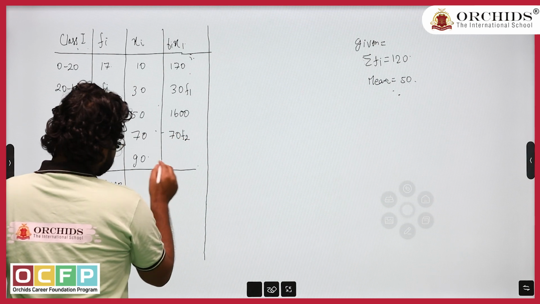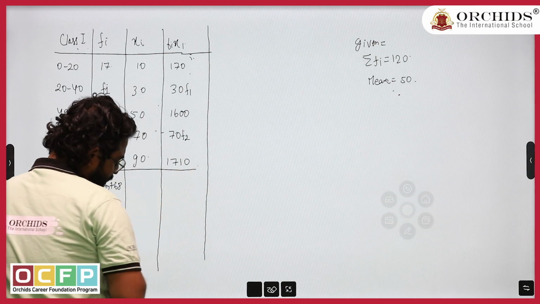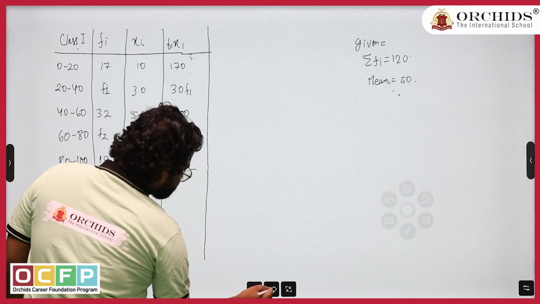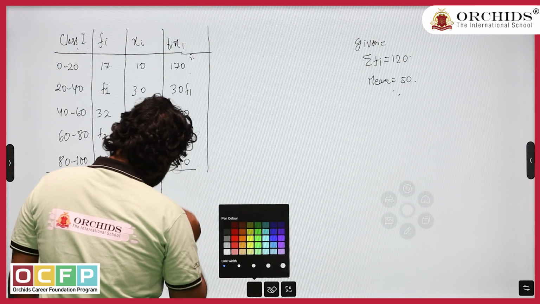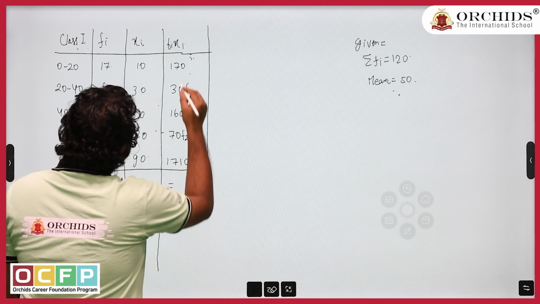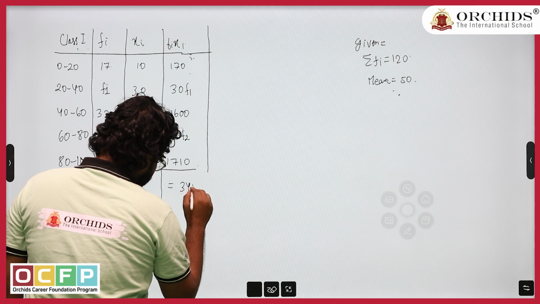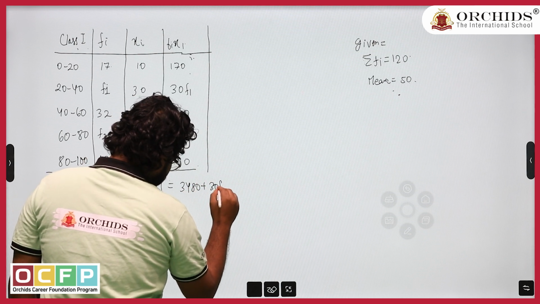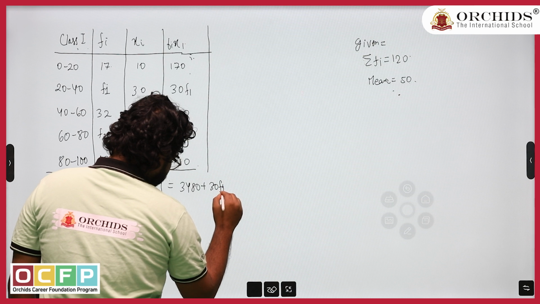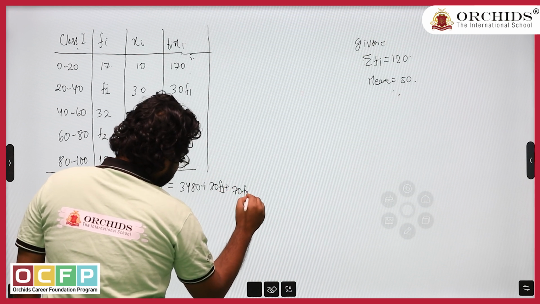And this one is 1710. Now what will be the summation of this? If I add all of this, I am getting 3480 plus 30 f1 plus 70 f2.